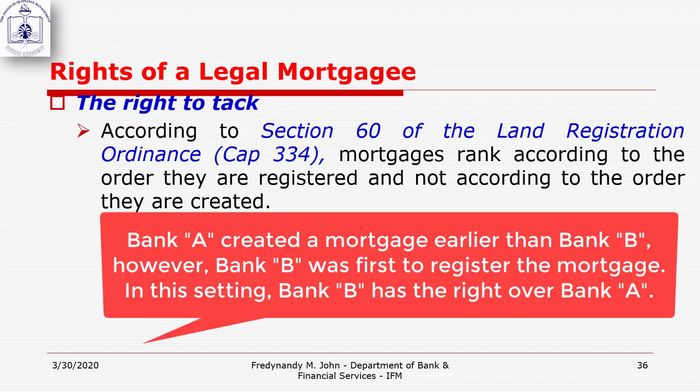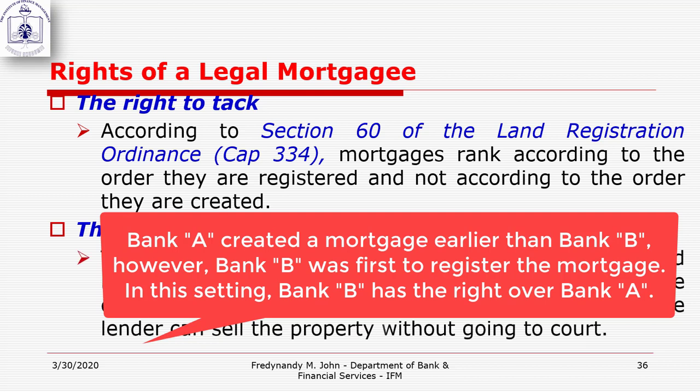Since Bank B registered the mortgage, even though all the procedures were done a number of days after Bank A executed its mortgage, here the right to tack will provide the right to Bank B over Bank A, simply because Bank B was the first to register the mortgage, even though everything was done later. Since it was first to register the mortgage, it will outrank Bank A. This is the meaning of the right to tack.